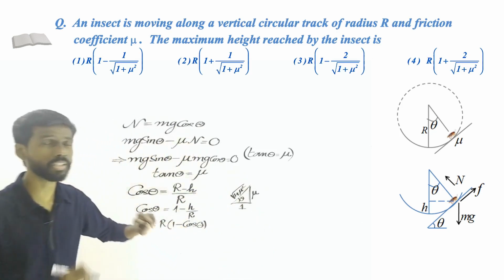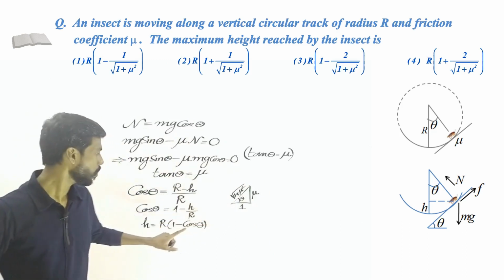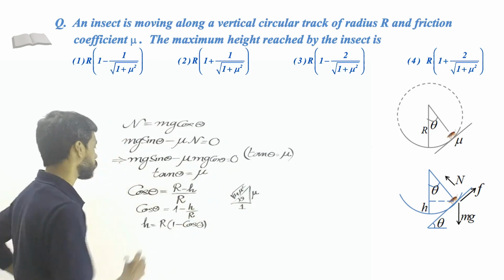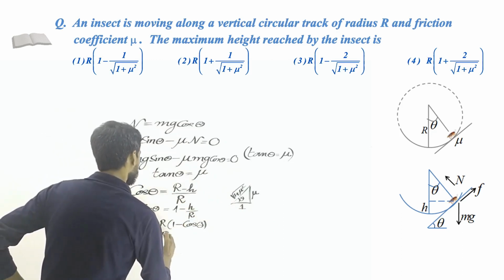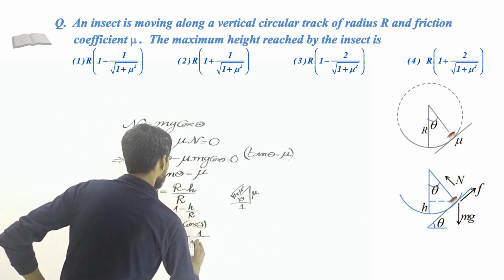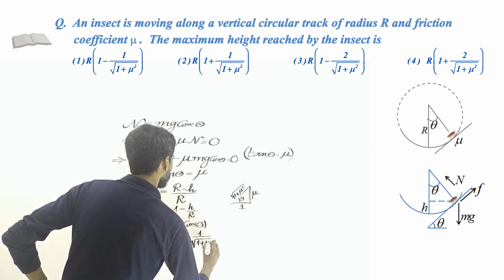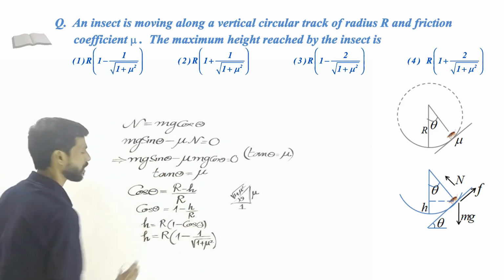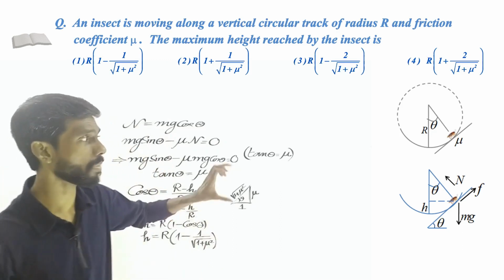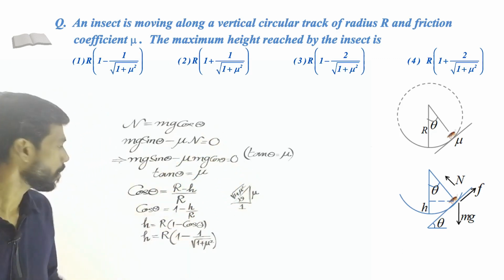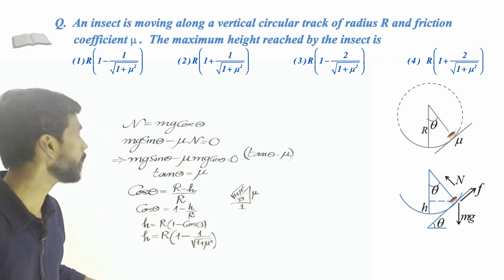Once the triangle is completed, we can find cos theta: base 1 divided by root 1 plus mu square. So h is what we need to find, the maximum height reached by the insect. That is r times 1 minus 1 by root 1 plus mu square. That is the required answer.